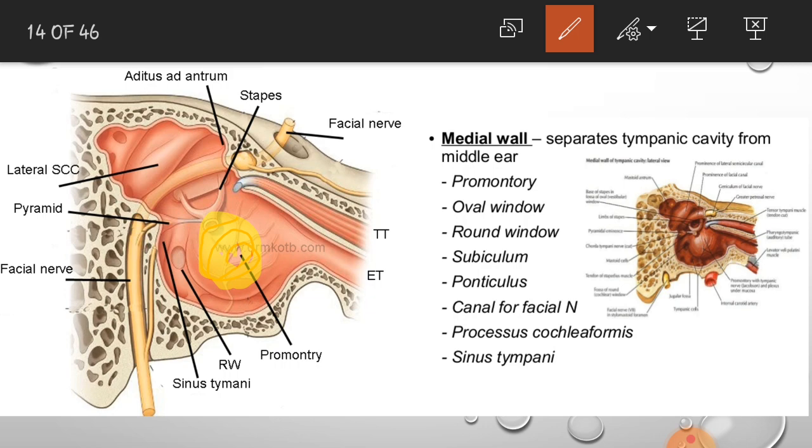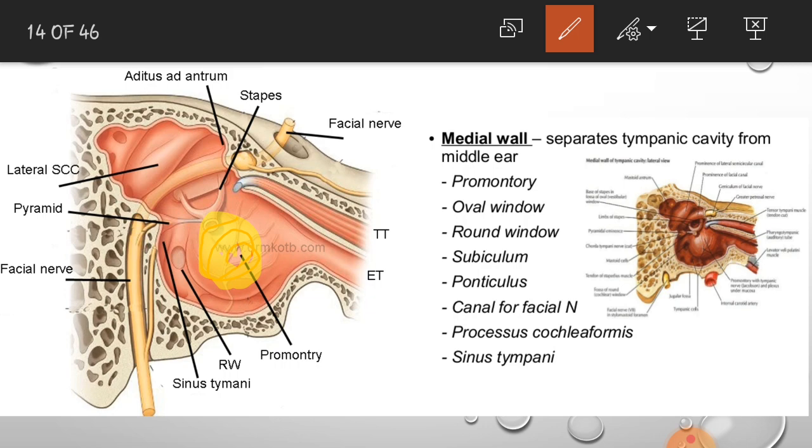Then we have an oval window, a round window, subiculum, ponticulus, canal for the facial nerve, processus cochleiformis, and sinus tympani. One by one I'm going to tell you what these structures are.